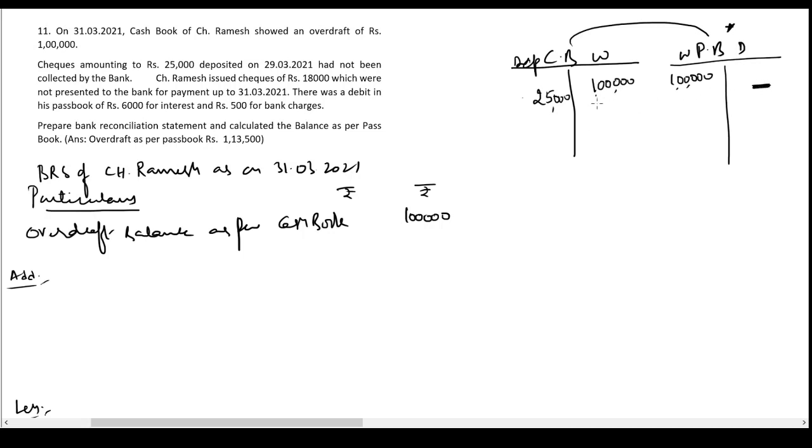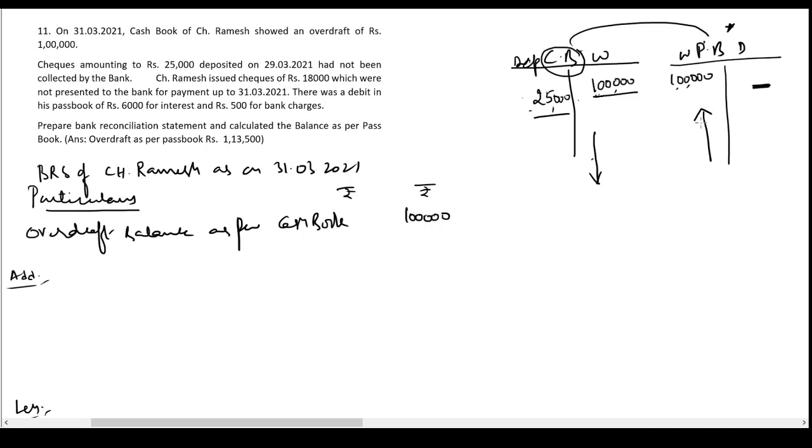Now you just observe, this book started with a credit balance. You have done a debit, so the balance is going to reduce. I'm not talking about bank balance, I'm just saying this account started with a credit balance. There's a debit, that means it is posted on the opposite side. So this balance is bound to reduce. Here the balance is relatively higher. So what should I do to the cash book to make it equal to the passbook?